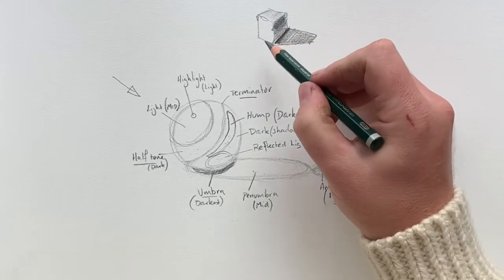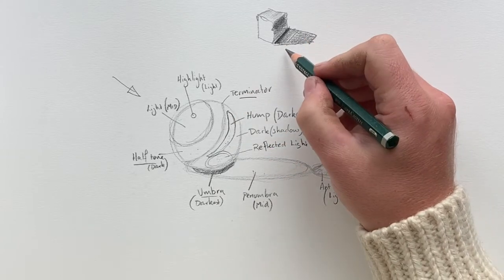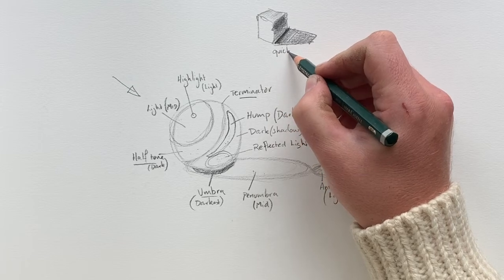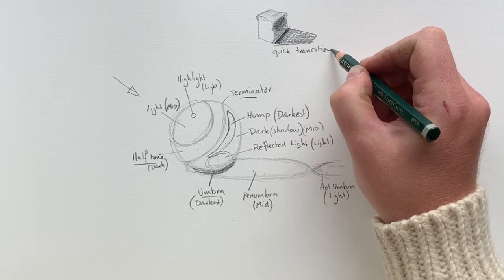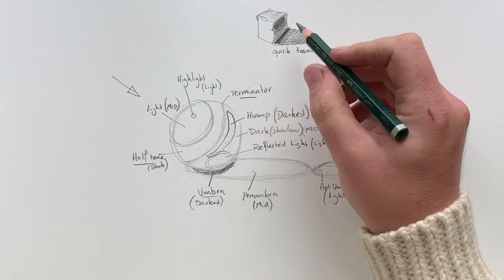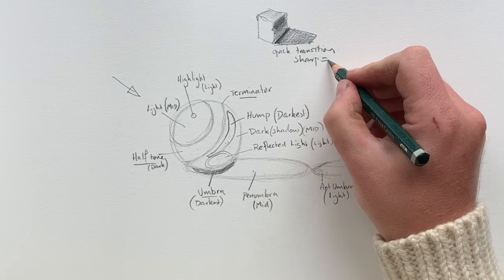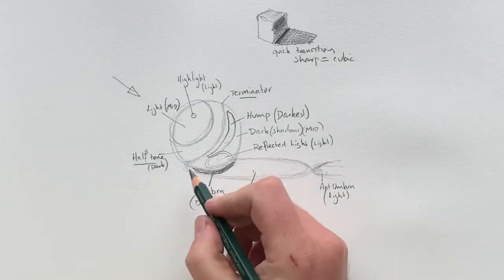The one thing to note between these two, and these are the two extremes, is the quick transitions between each of these parts. They're sharp, and sharpness equals a cubic form.